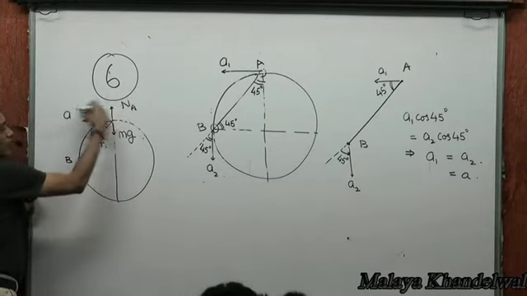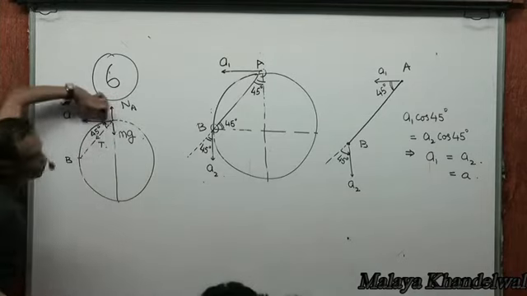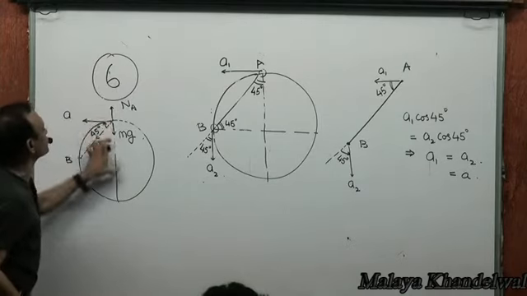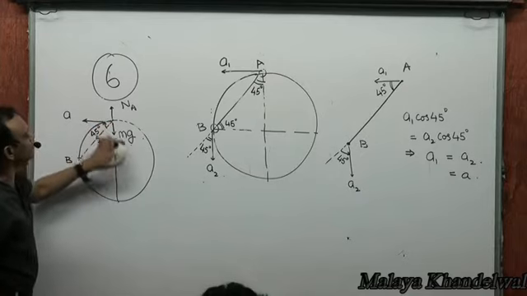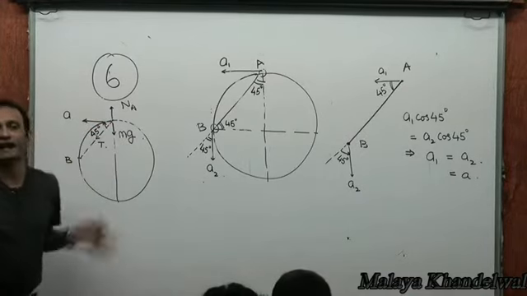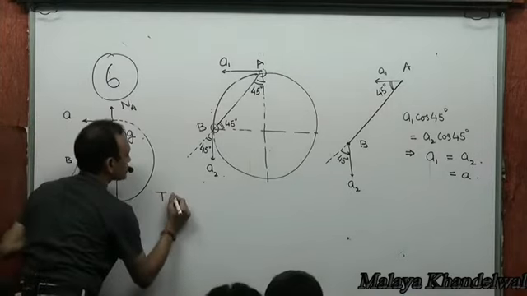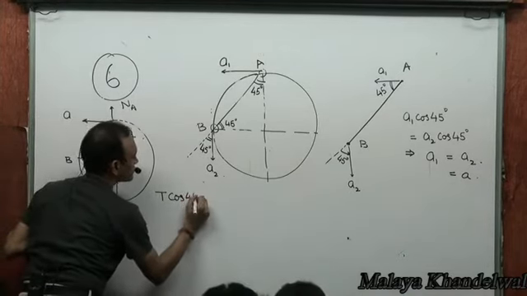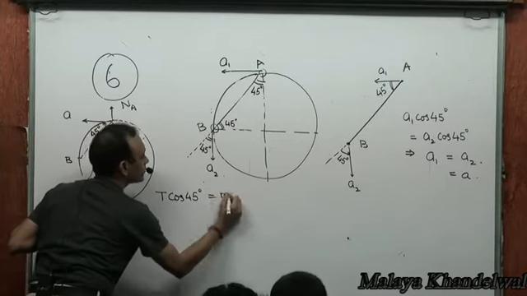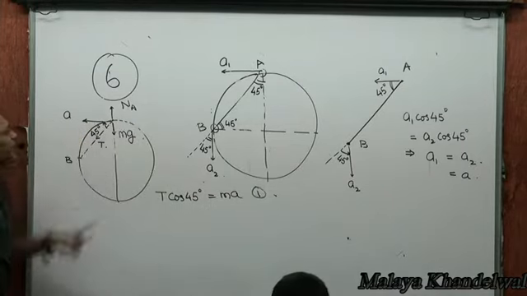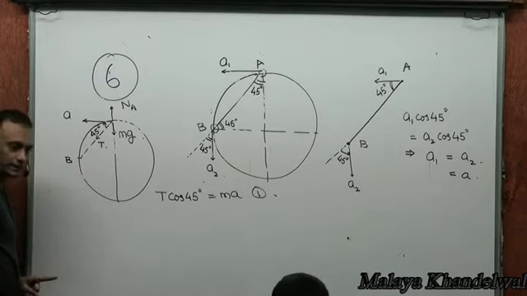Horizontal acceleration is caused by the horizontal component of T, which is T cos 45 degrees, right? And the vertical forces T sine 45 degrees, mg and NA would cancel off, right? So then, can I say T cos 45 degrees is MA? That's as far as bead A is concerned, right?